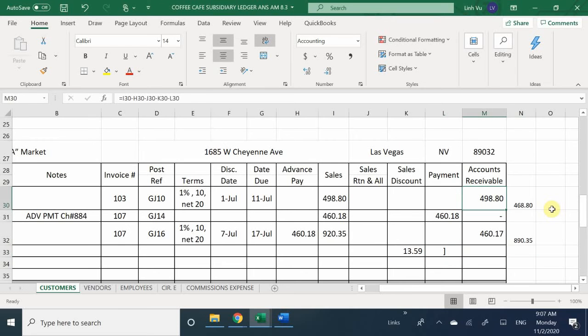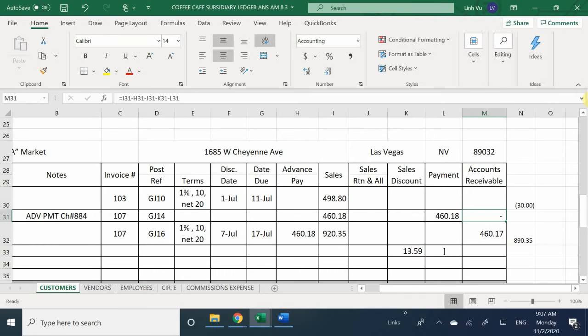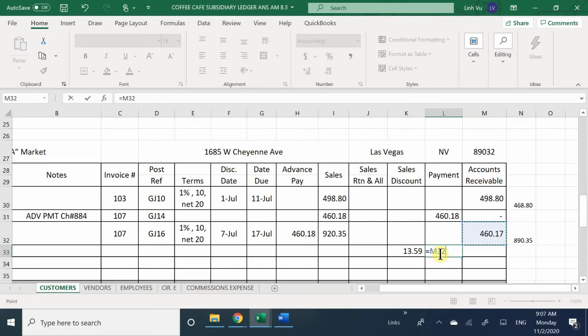So if we're adding up our invoices, excuse me, do Control Z. All right, so let's add up these totals. So if I'm adding up 460.17 plus my 498.80, I get 958.97. Yeah, I have to also subtract out my discount.